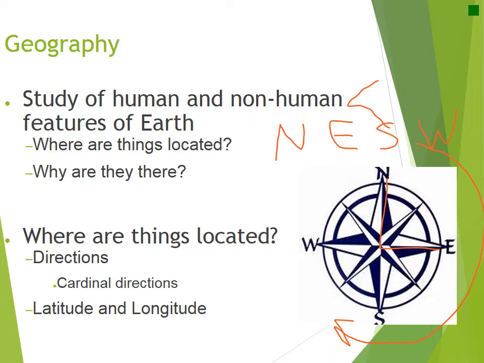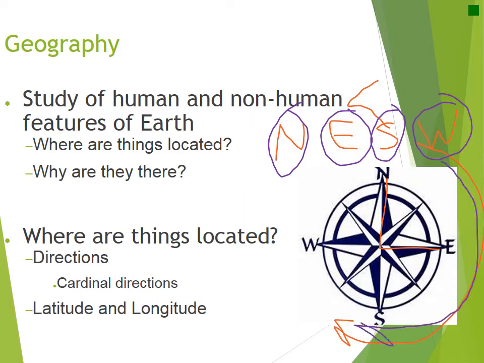But there's also a bunch of other ways of memorizing this and understanding it, a lot of tricks to it. The one that I learned when I was in school was never eat soggy waffles. If you remember never eat soggy waffles, then you also remember what order these cardinal directions go in if you move the way that a clock moves.